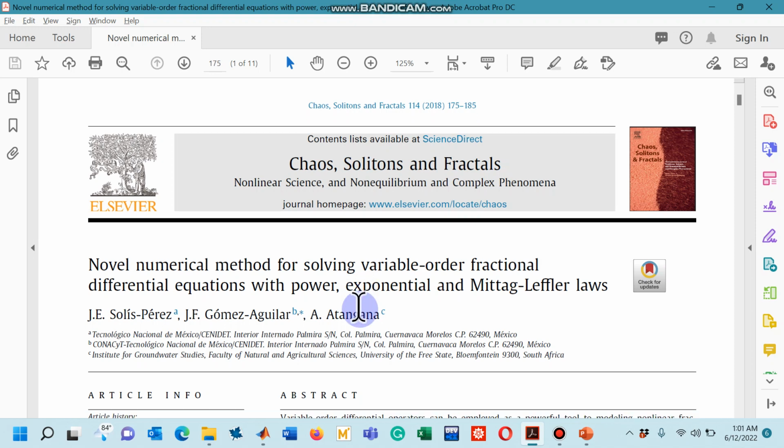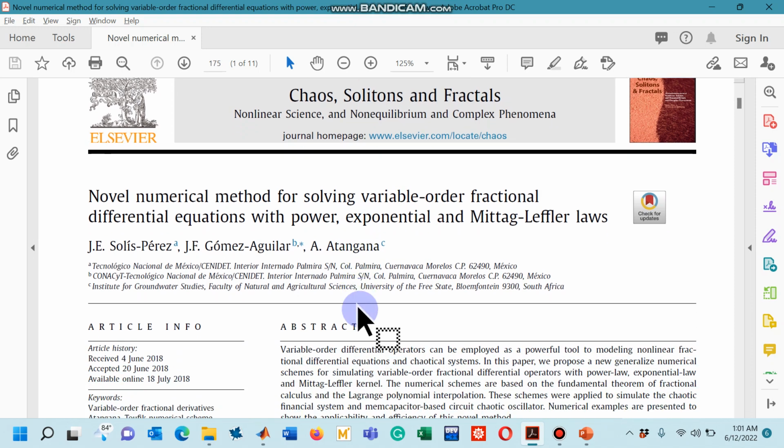Basically, in this research paper, the authors have proposed three new numerical schemes. So today I will discuss the first one.